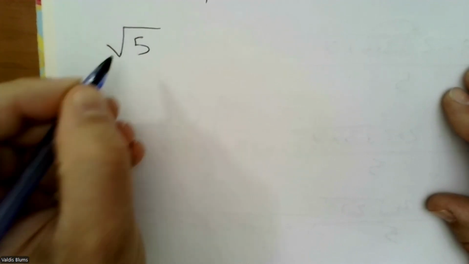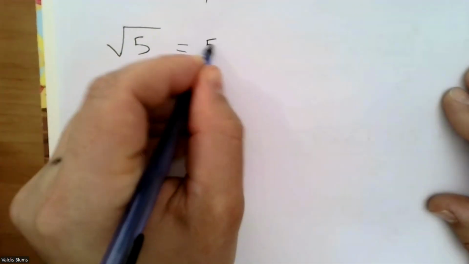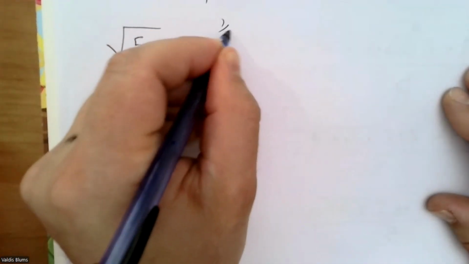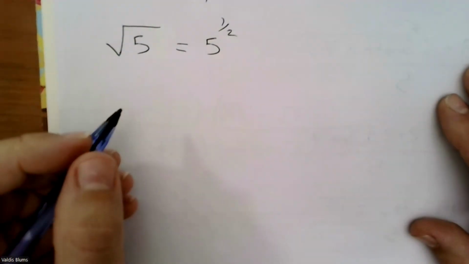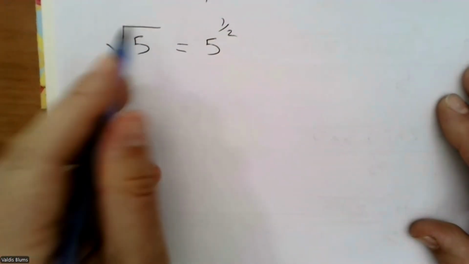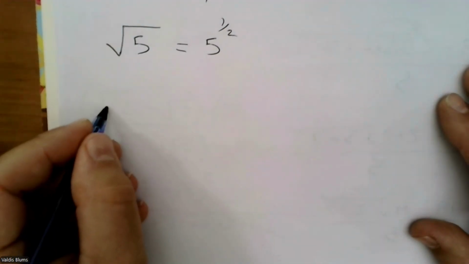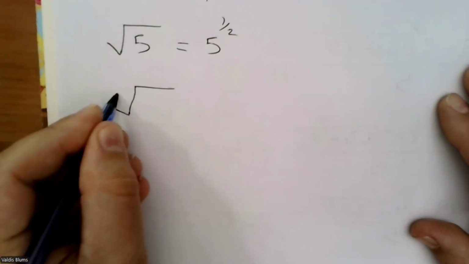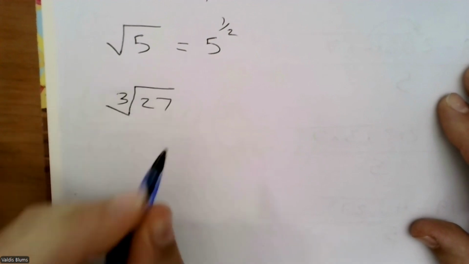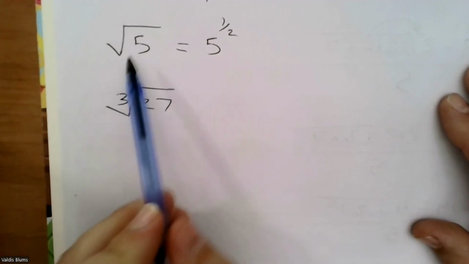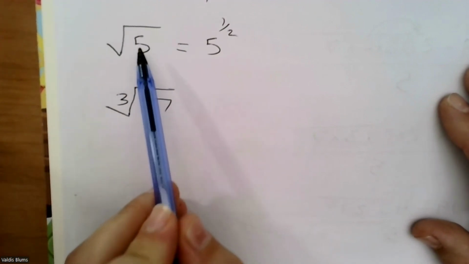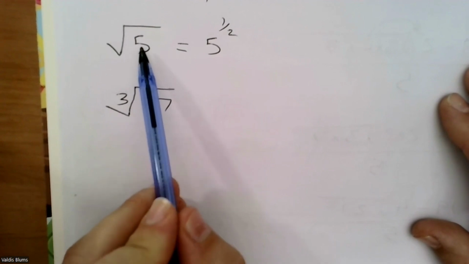Okay, moving on. Let's now have a look at radical signs. What we've seen so far is that our normal square roots look something like this, and that was equal to 5 to the power of a half. A radical sign is a higher order square root. For instance, if we had the cubed root of 27, with the normal square root, you're asking what times by itself will give you that number.